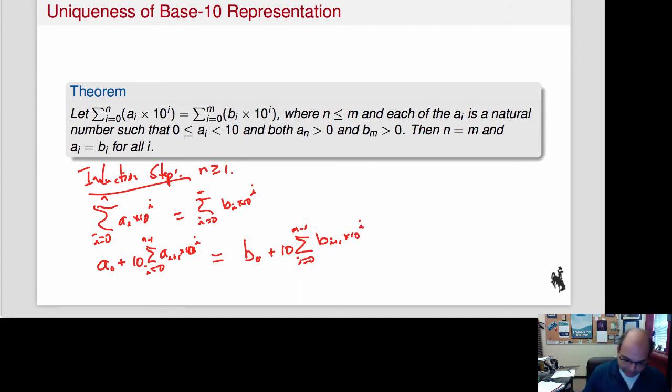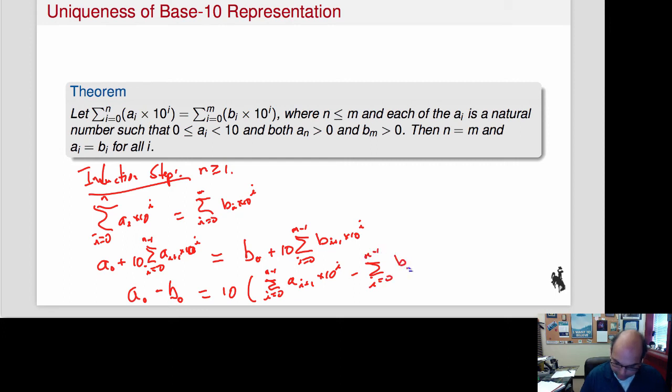Okay, and so from this, I'm just going to move things around. What I can conclude is that a0 minus b0 is equal to 10 times the sum from i equals 0 to n minus 1 of a sub i plus 1 times 10 to the i, minus the sum from i equals 0 to m minus 1 of b sub i plus 1 times 10 to the i.